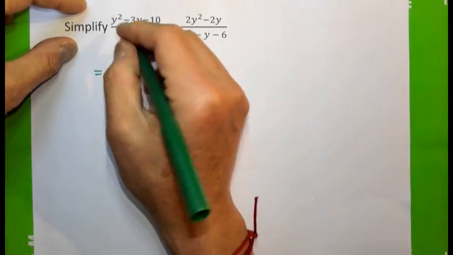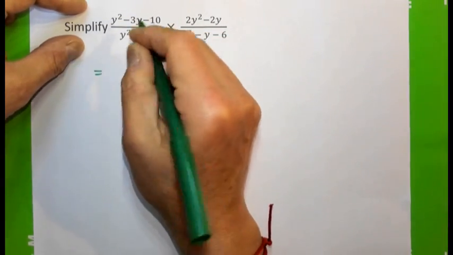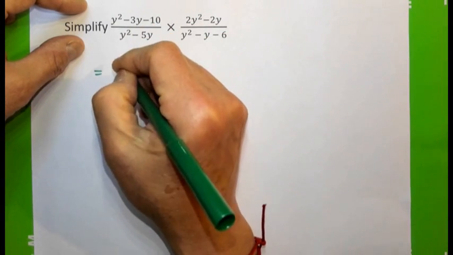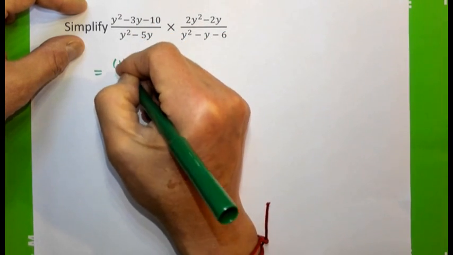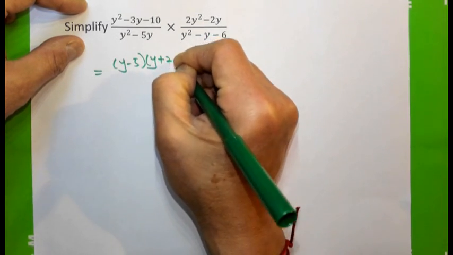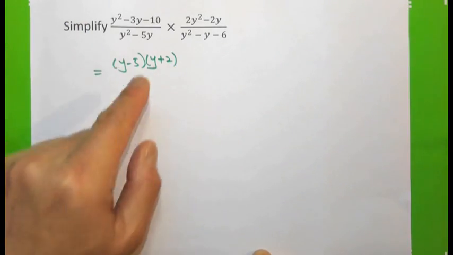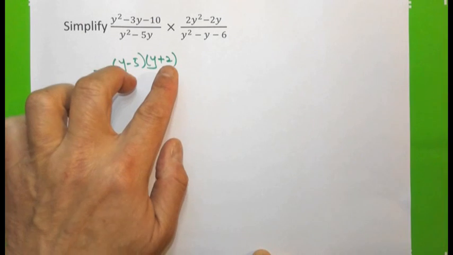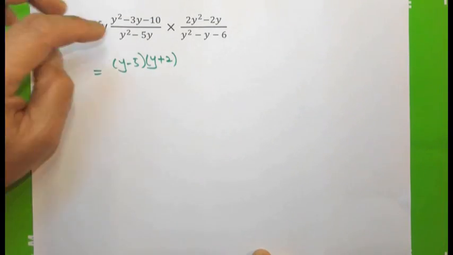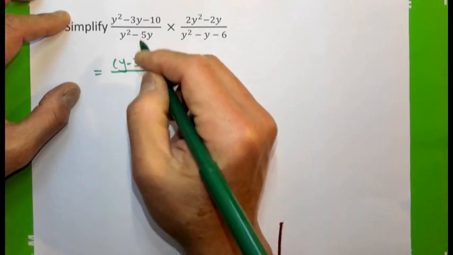Let's go straight into factorizing this. This actually is y minus 5 and y plus 2. You know that minus 5 times plus 2 gives you a product of minus 10, and adding them together gives you minus 3.